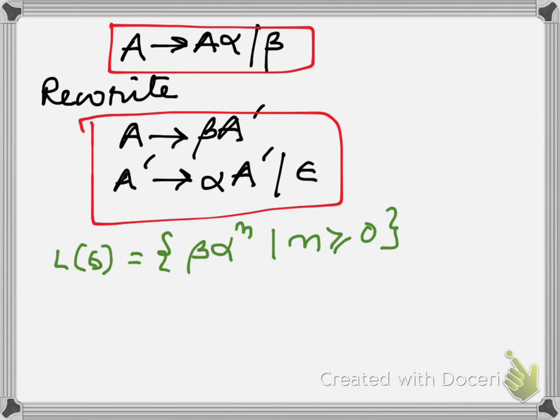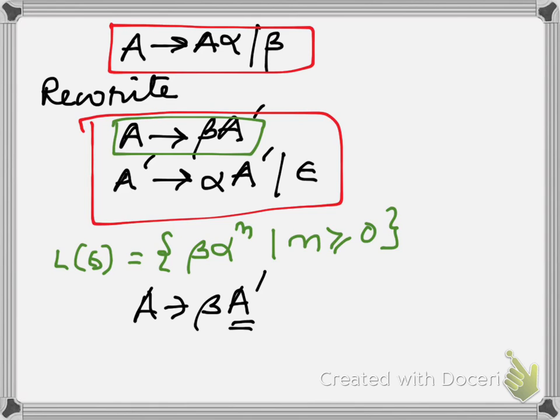So when I use this particular production, A derives beta A dash. The A production will derive the beta, and this A dash production will produce alpha to the power n.